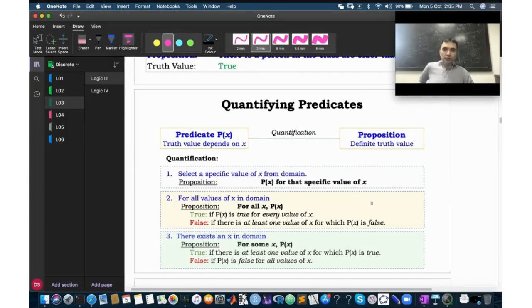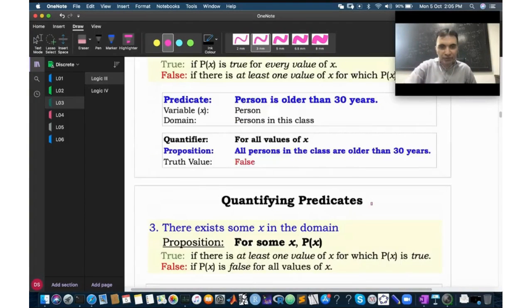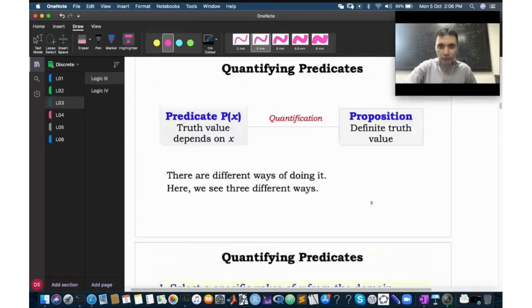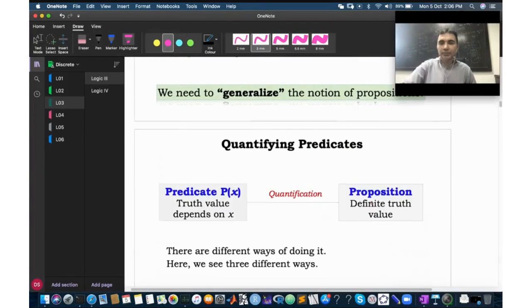So these were three quantifying methods for predicates, which turn a predicate into a proposition. I think we have an example here that we can probably go through. Yeah. So any questions so far before we move on with the predicates?